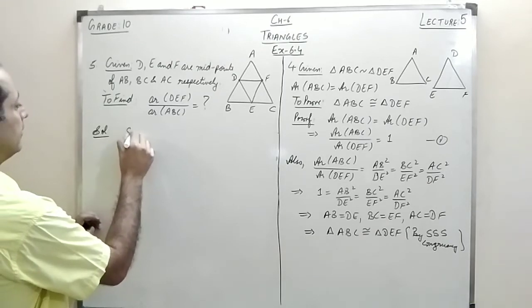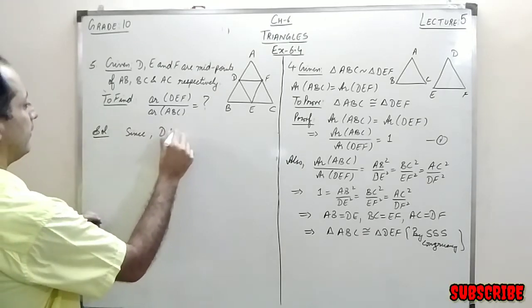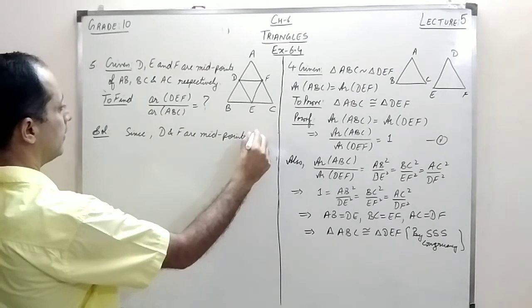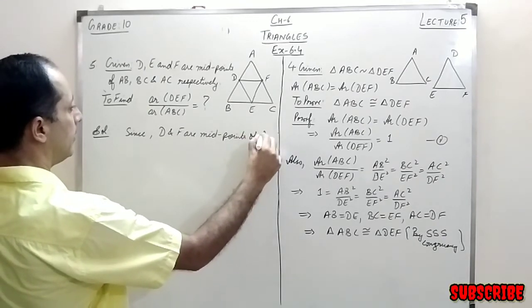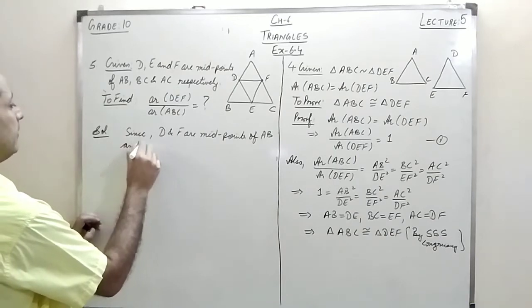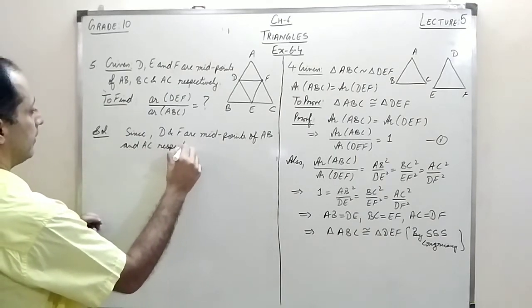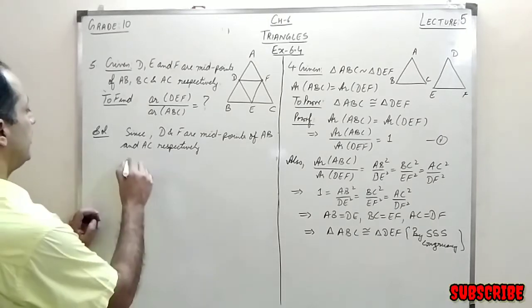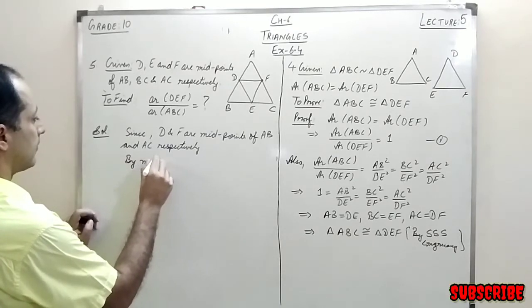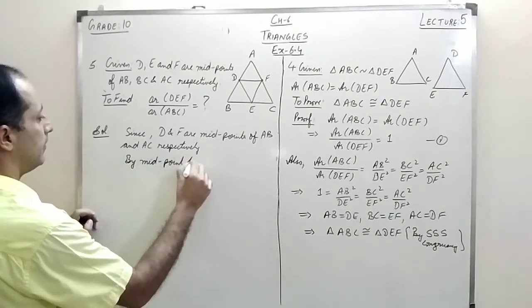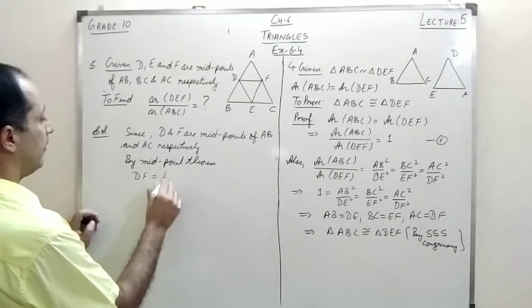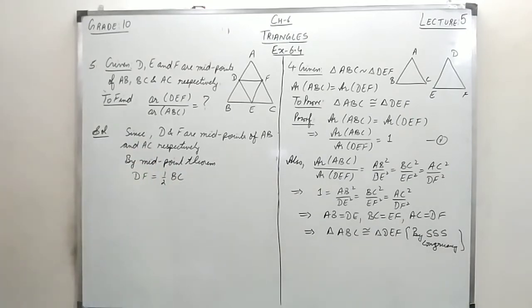Now, since D and F are midpoints of AB and AC respectively, so what we can say by midpoint theorem, we have DF is half of BC, right?